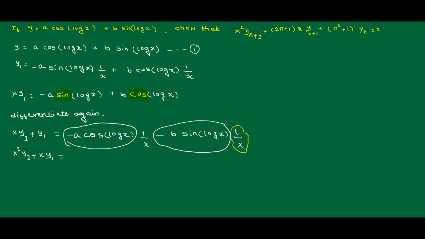From these two remaining terms you can take minus outside, and if you take minus outside we are left with a cos log x plus b sin log x.